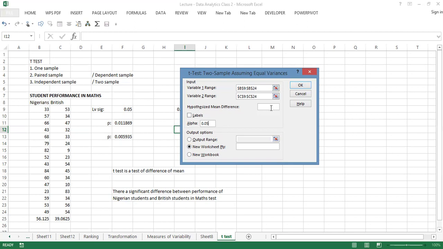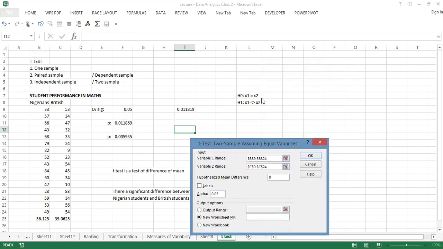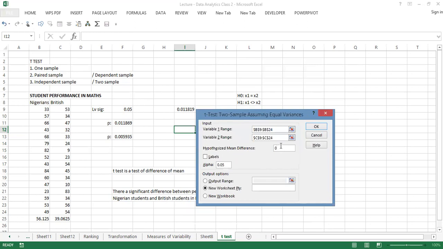Hypothesized mean difference is 0. Why? Because our null hypothesis says x1 equals x2. That's the same thing as saying x1 minus x2 equals 0, isn't it? That's what it's about.